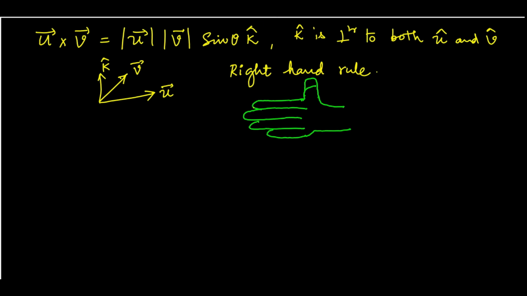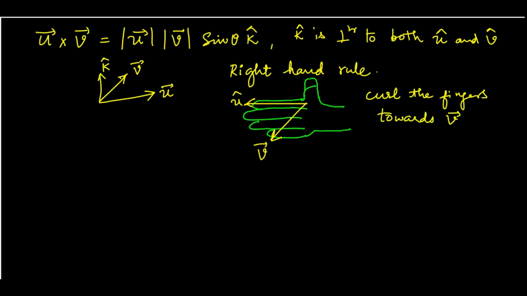Now if your vector u is like that and your vector v is like this, you put the fingers of your right hand towards u and curl the fingers towards v, right, and then your thumb points towards the k cap.